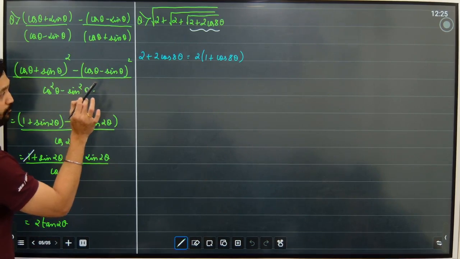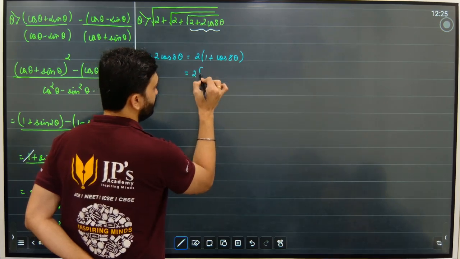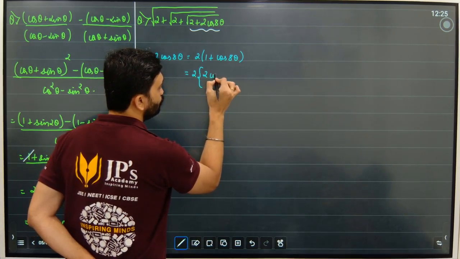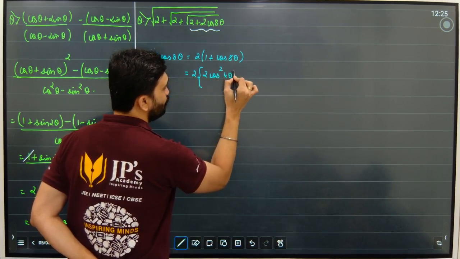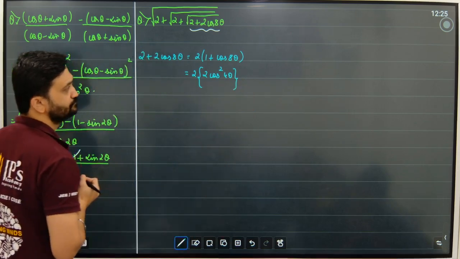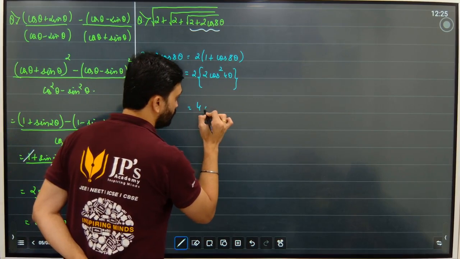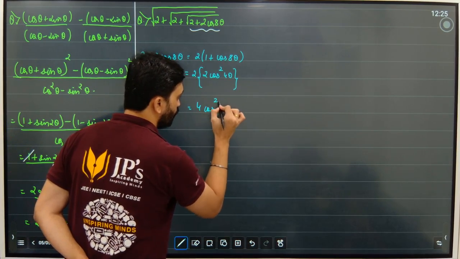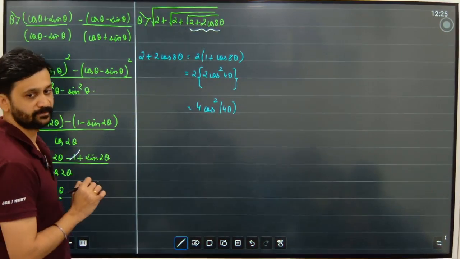Can you tell me what will be the formula for 1 plus cos 8 theta? It will be 2 तो बाहर ही रहेगा, 2 cos square and 8 का एंगल is half, that is 4. So this will give rise to 4 cos square 4 theta. Did you guys understand this?